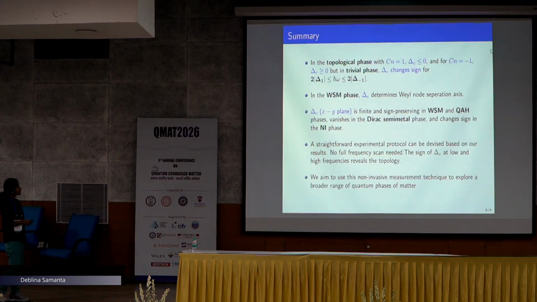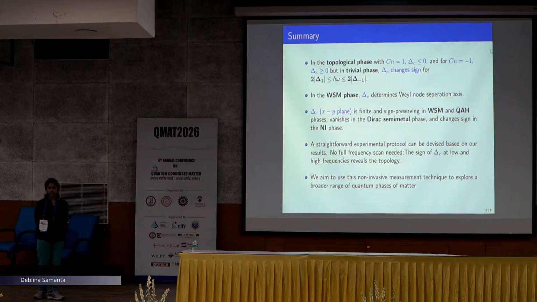So in summary, I can say if we are in topological phase, then there will be no sign change, but if we are in trivial phase, then the centroid shift either will be 0 or there will be a sign change. So an easy experimental protocol can be done based on our result, where no full frequency scan is needed.